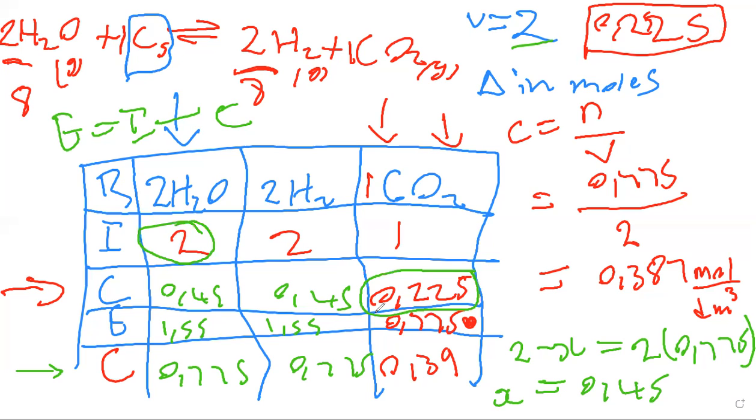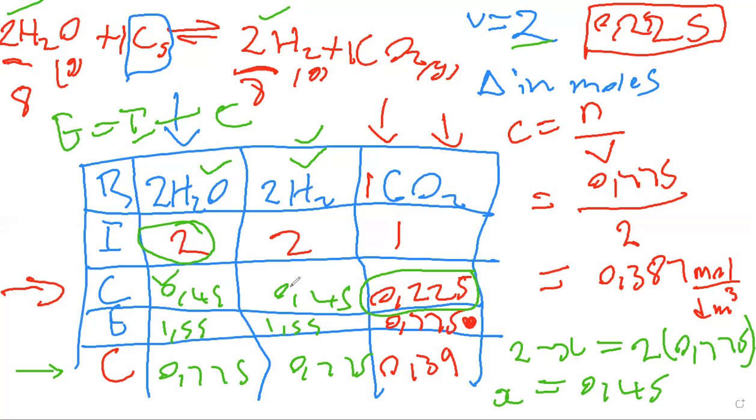And then we know according to the balanced equation, water and H2 are proportional, they are equal in number of moles, 2:2. So when they change equally, they will change in the ratio of 2:2. That means the change here and the change here will be the same.